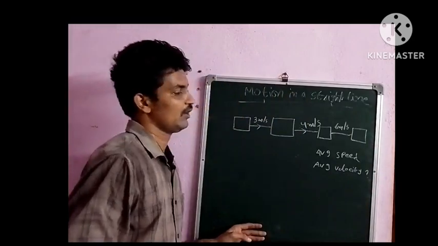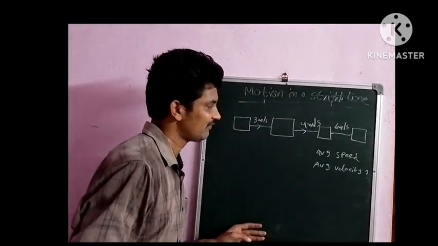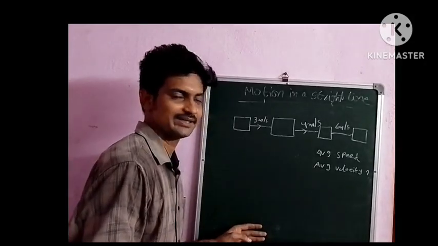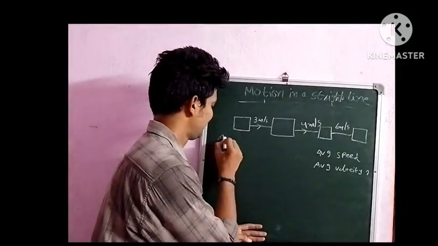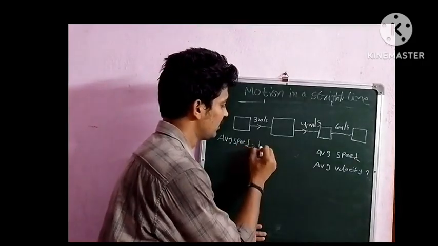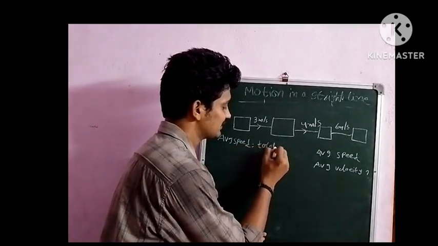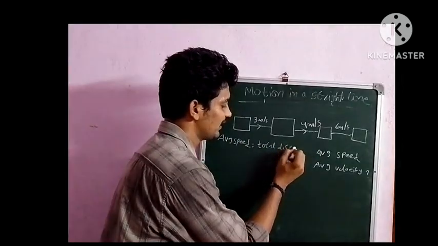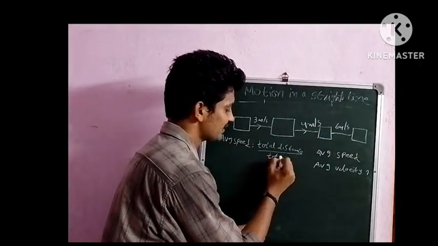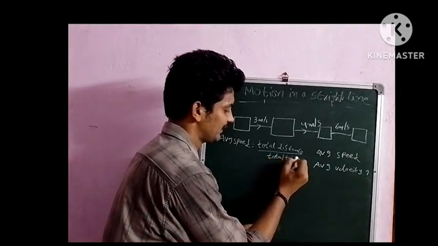First of all, what is the average speed? Total distance by total time. That is called average speed.